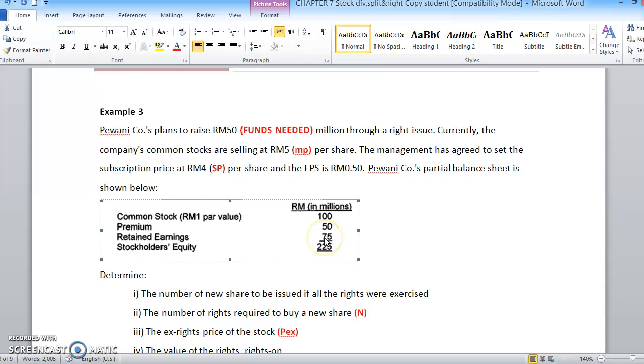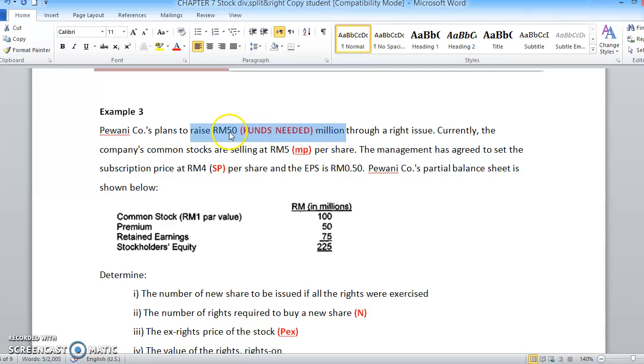So retain earning will maintain the same dan jumlah total equity or net worth or the stockholders equity akan bertambah. Bertambah sebanyak mana? Bertambah sebanyak berapa funds yang needed.